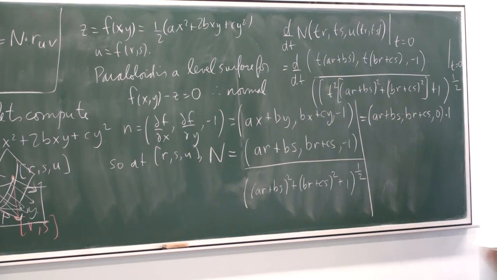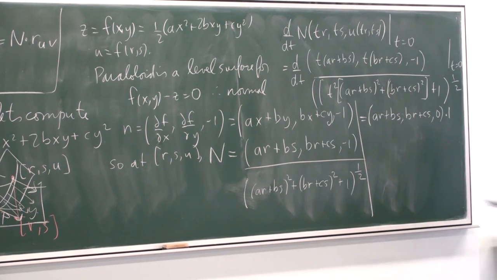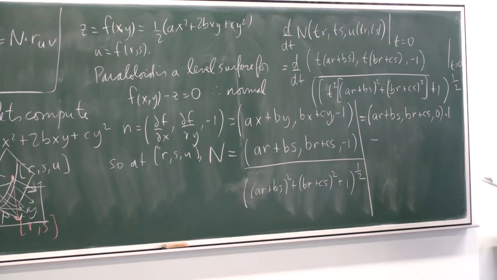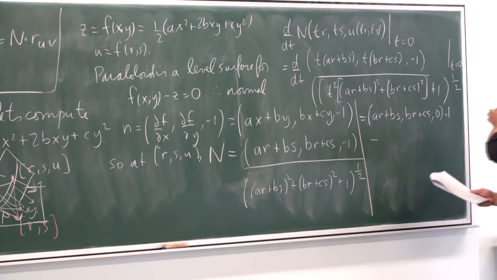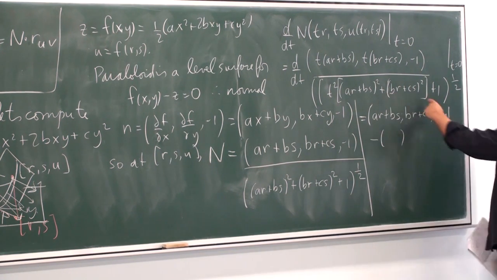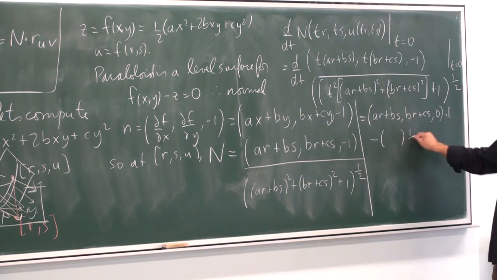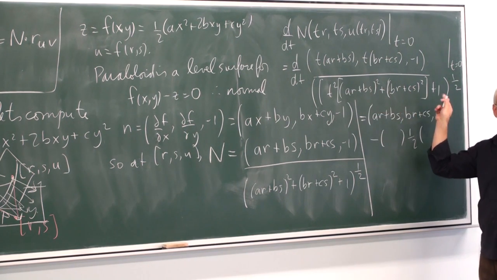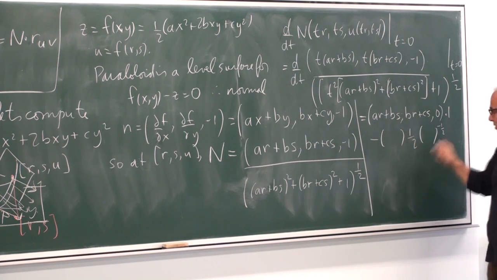So the bottom evaluated at t equals 0 is just going to be 1, because t equals 0 means that the whole thing will be 1. And then minus the top times the derivative of the bottom. Okay, so the top, whatever it is, times the derivative of the bottom. When we differentiate the bottom, there'll be a 1/2, and then there'll be something to the minus a half, and then we have to, by the chain rule, take out the derivative of what's inside, and that will give us a 2t.